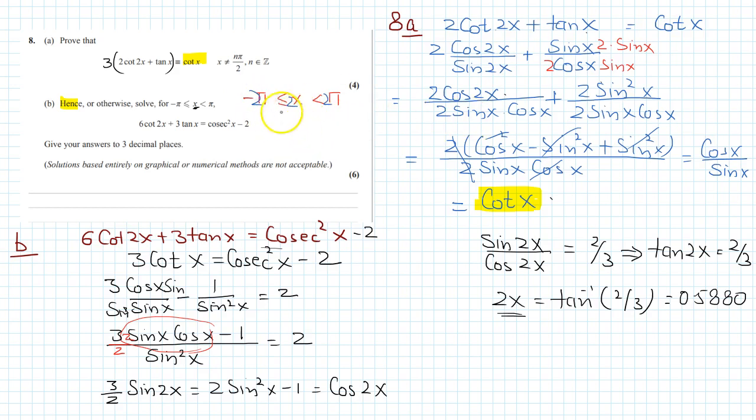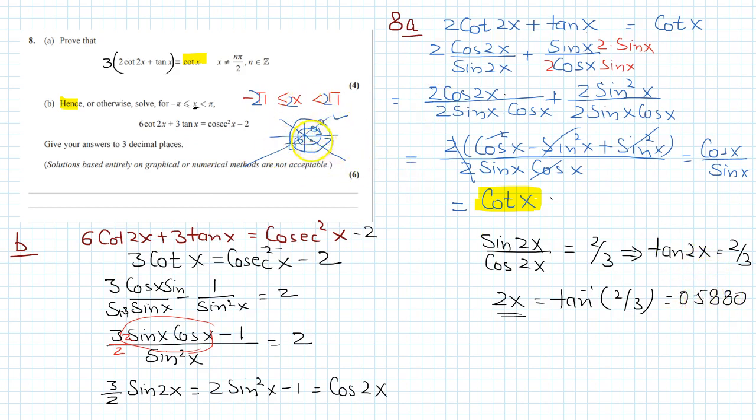So 2x is from negative 2 pi, this angle, up to positive 2 pi, this angle. So these two values and these two values, we'll be having the 4 values.